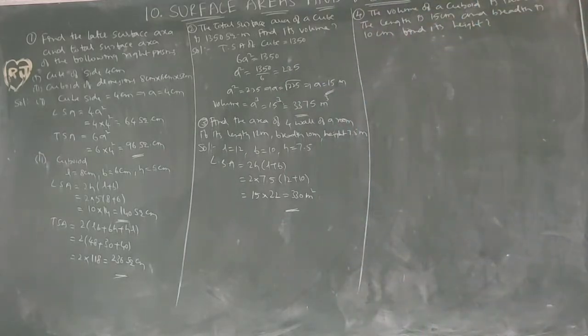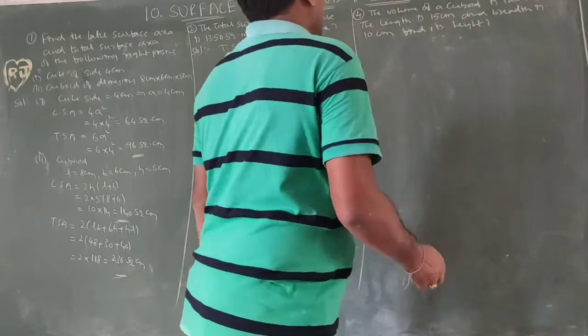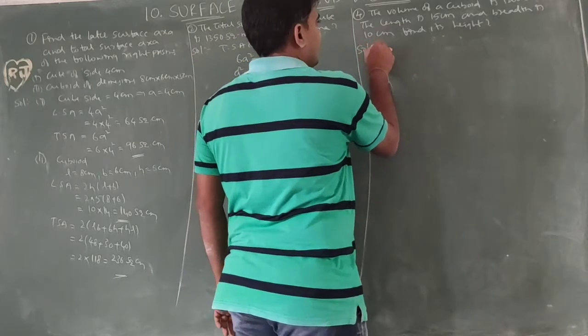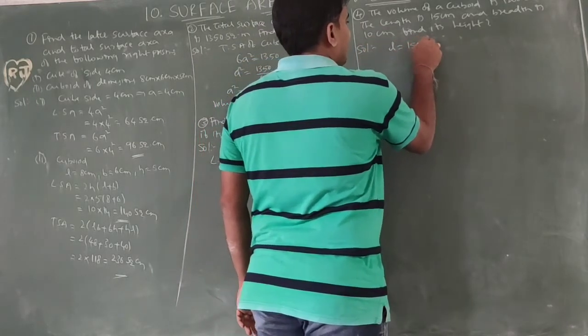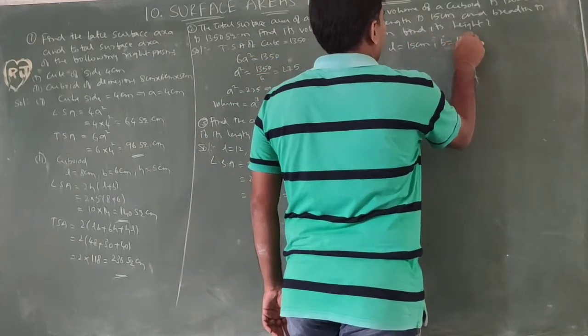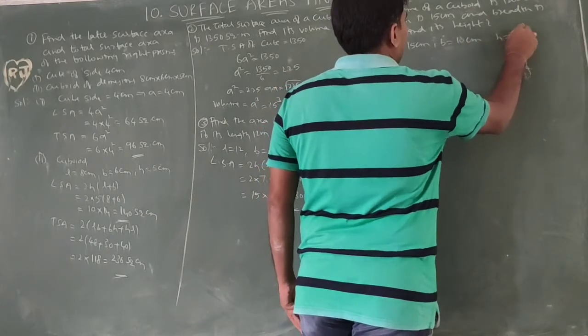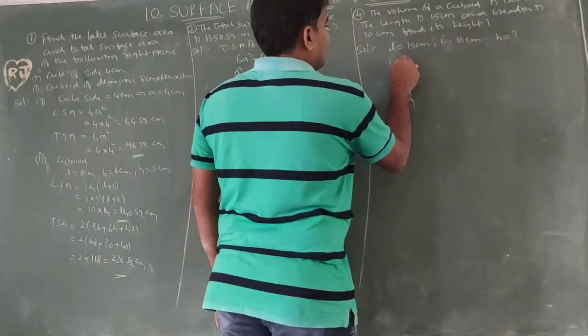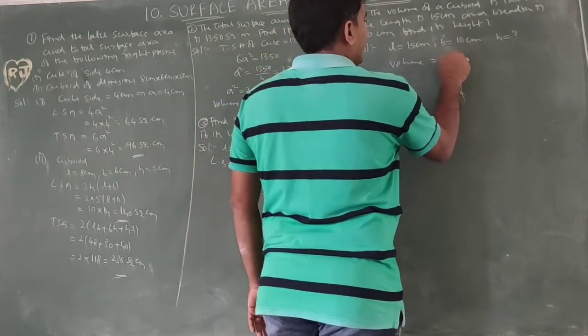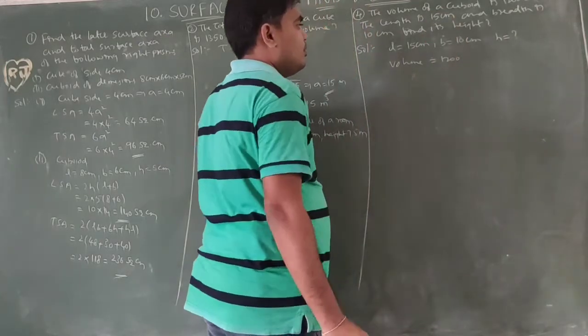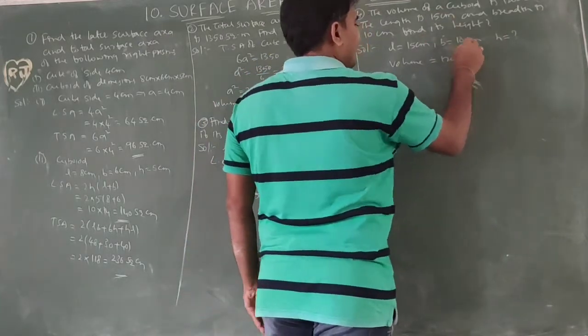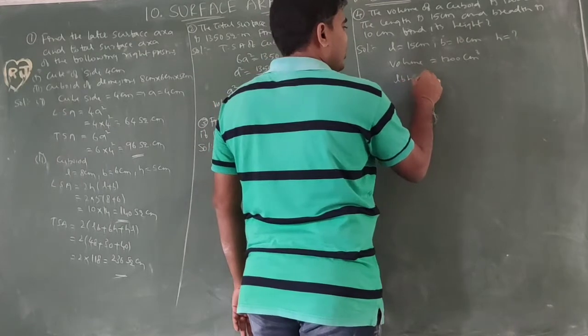Okay. Now, so what are given? I want to write first. Solution: length A equal to 15 centimeters, breadth B equal to 10 centimeters, height we don't know. Volume is equal to 1200 centimeter cube. Volume formula: length into breadth into height.